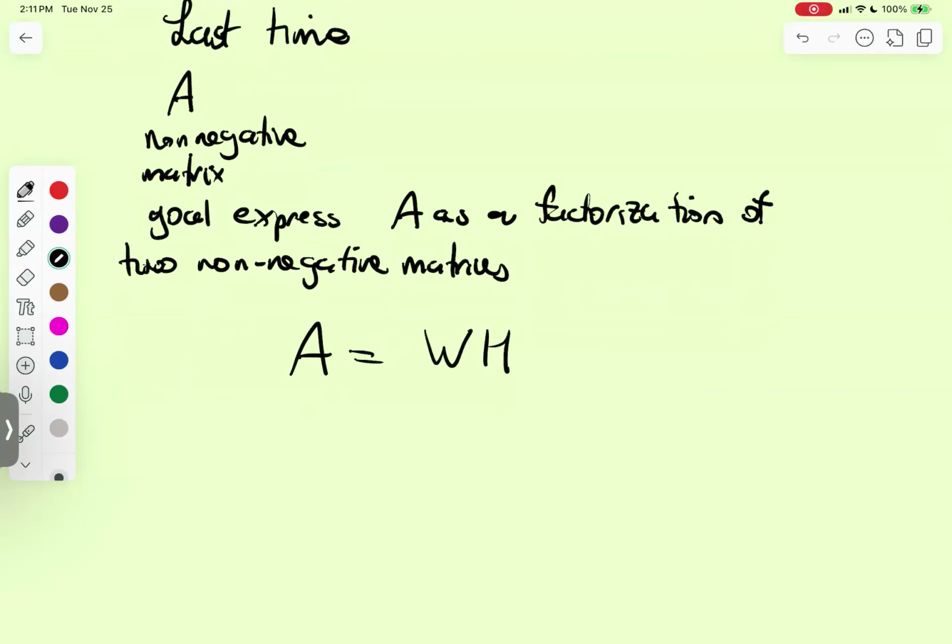That's how I wrote the matrix. Here, W and H are non-negative.